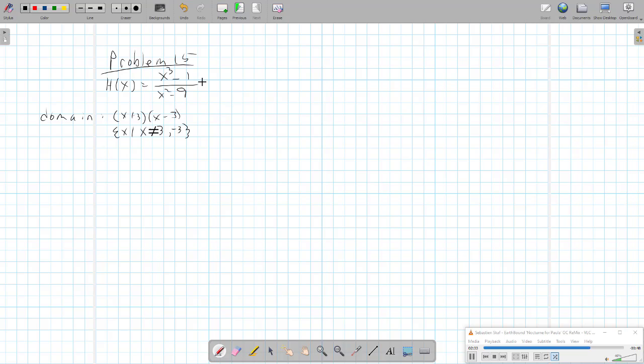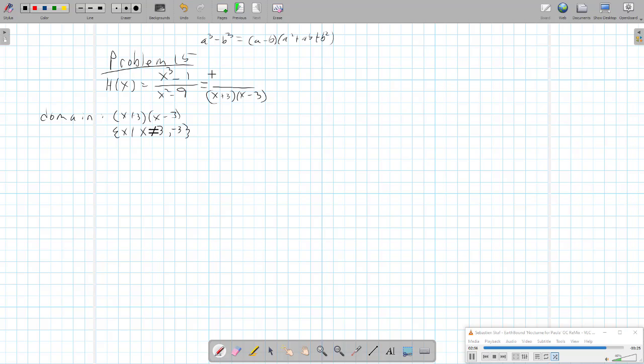If you try and find all the intercepts, we already factored the denominator, x plus 3, x minus 3. The top is a difference of cubes, so a cubed minus b cubed is a minus b times a squared plus ab plus b squared.